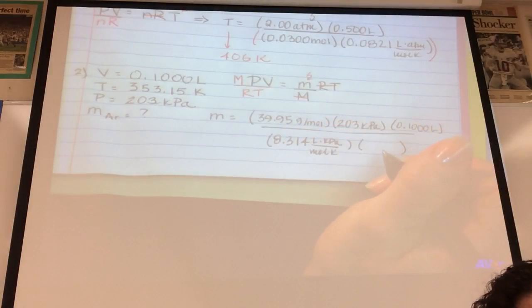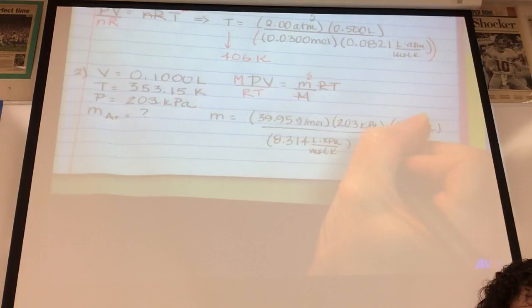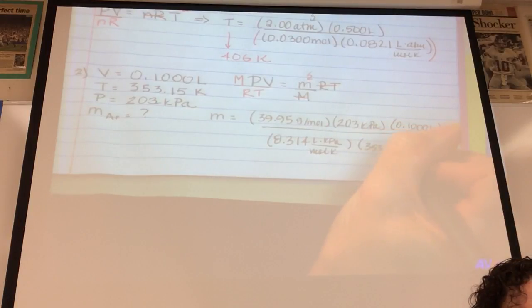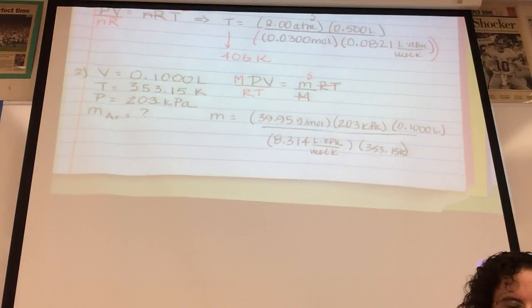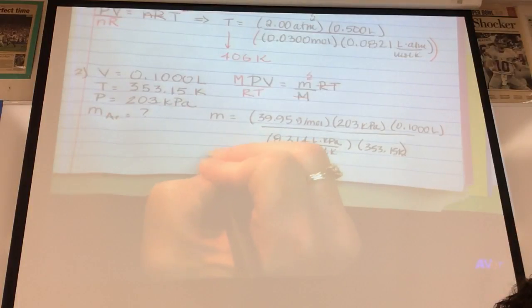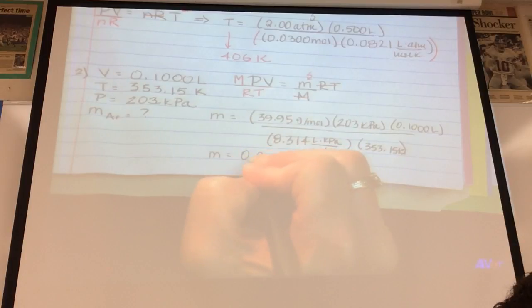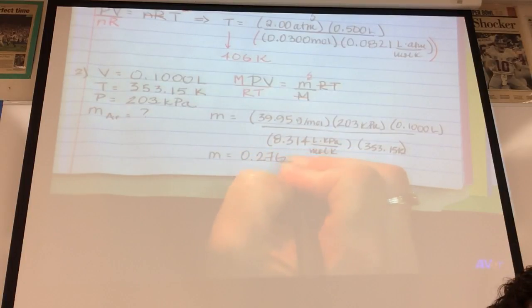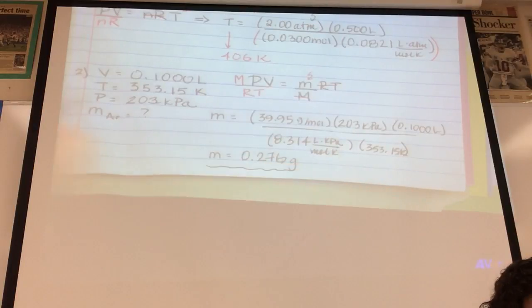And then temperature is 353.15 Kelvin. And I get a mass of 0.276 grams. That's the mass of argon.